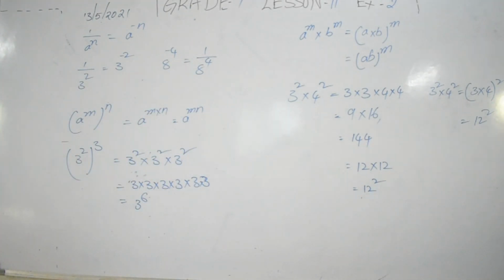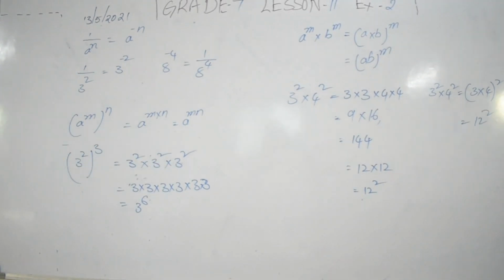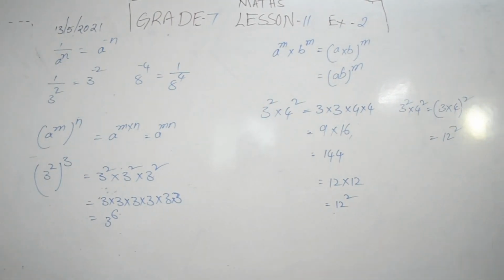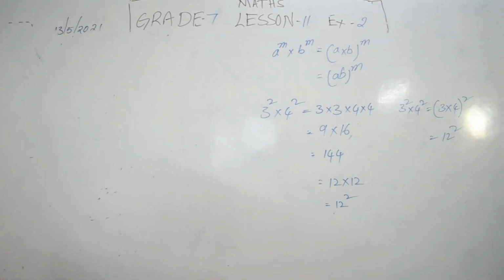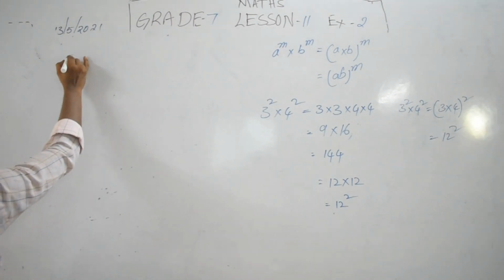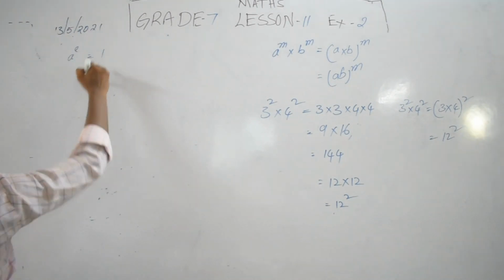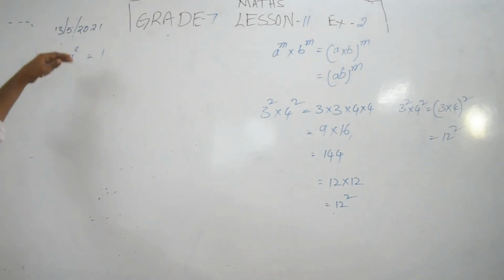Next, we use this formula: a power 0 value is always 1. How is a power 0 equal to 1?